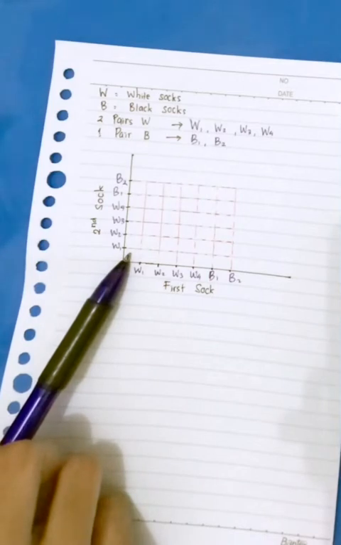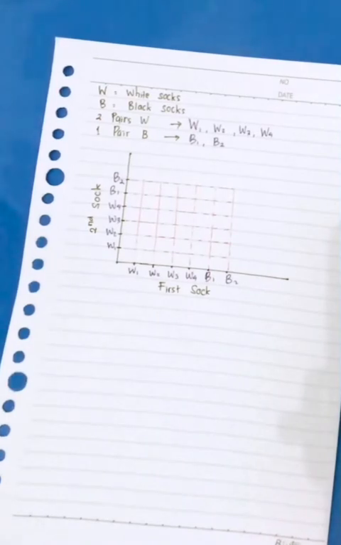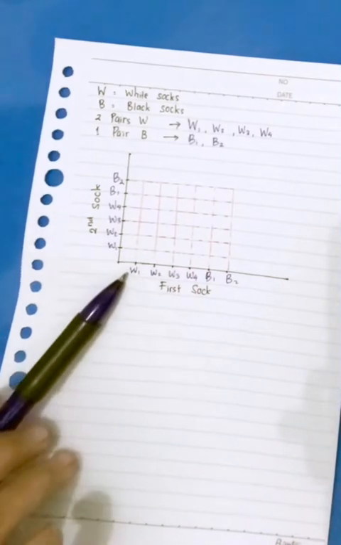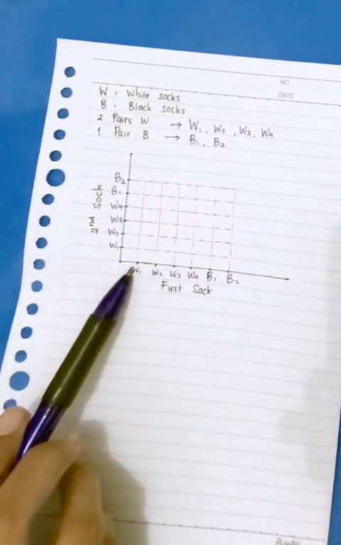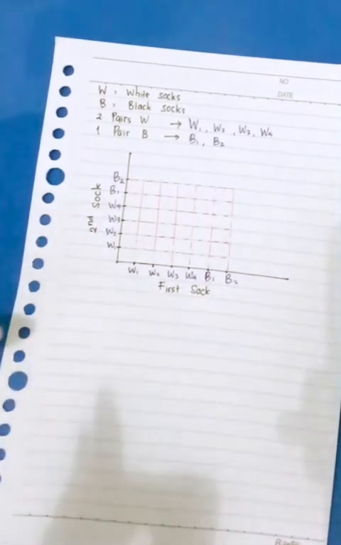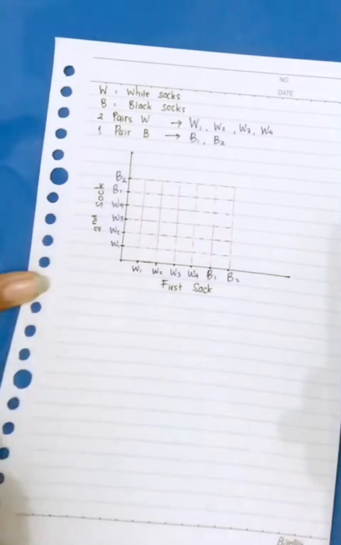No, right? Because we just have one W1, and as we know, our experiment is without replacement. So if we already take W1 as the first sock, the possible outcomes for the second sock are only W2, W3, W4, and B1, B2, right?